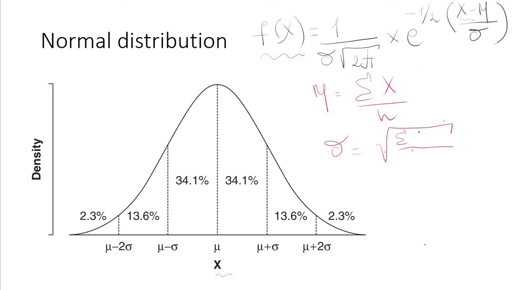First of all, you need to take a sum of all the squared distances between x and the average value of x and divide by n minus 1, where n is the number of observations. Sounds pretty complicated. But basically, normal distribution is a very fundamental concept in statistics. It's assumed that any variable in the population has a normal distribution.